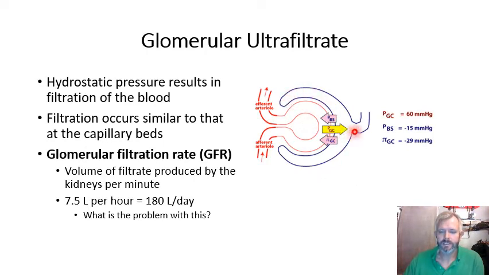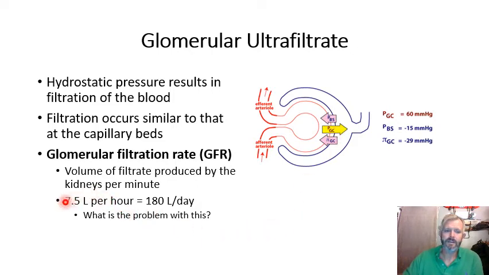So here's that pressure pushing it out. The hydrostatic pressure forces that fluid into this capsular space, and pushes it through that filtration membrane. And we have a term: the glomerular filtration rate. We want to know how much filtrate, how much blood, is being filtered at what rate.